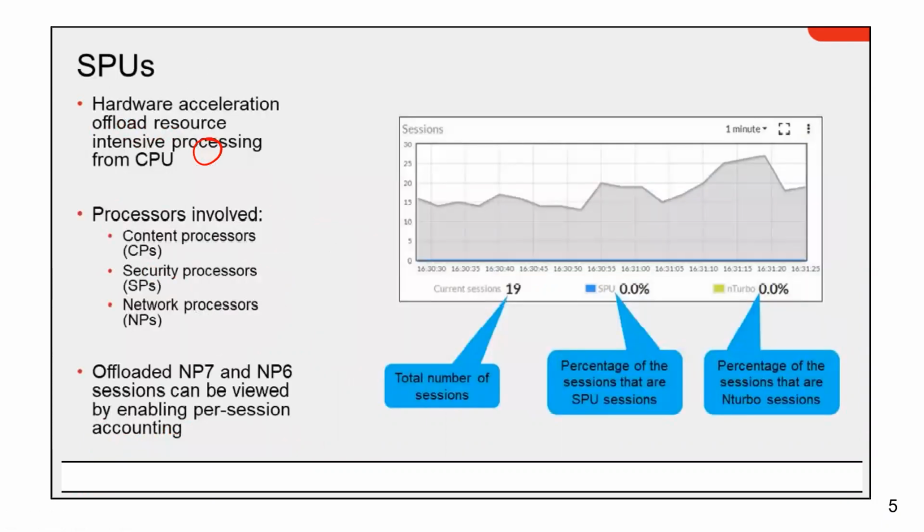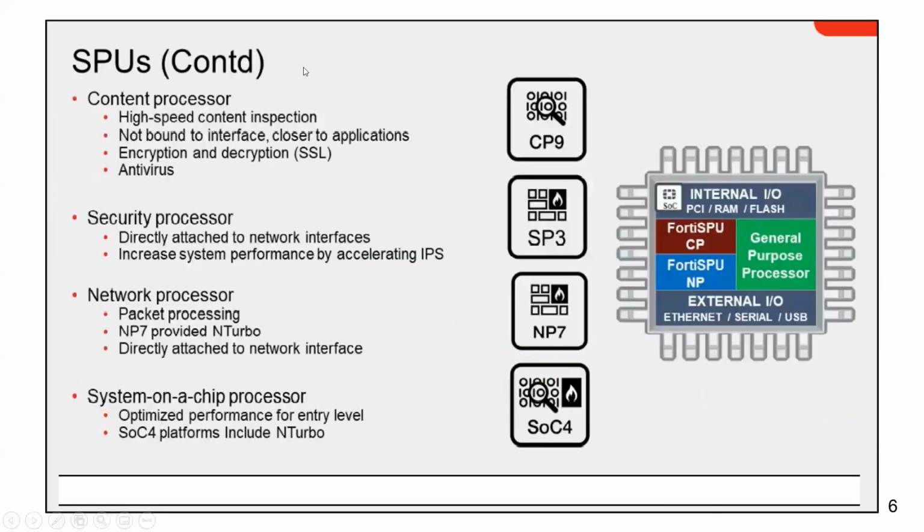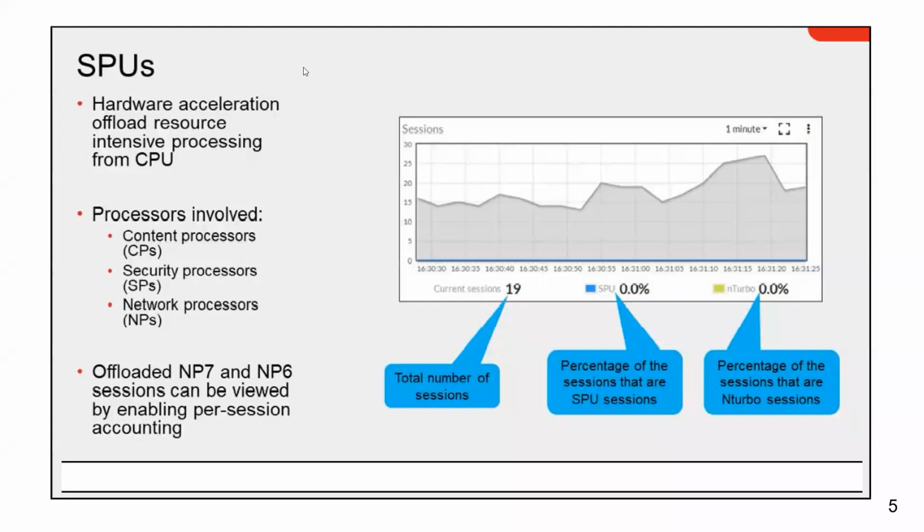Yeah, so that's what I was talking about. The SPUs. SPUs, again, it's hardware acceleration offload. Okay, what I basically mean is, when I say hardware acceleration offload, in very simplistic terms, this basically means all the traffic which is going to your CPU, right?